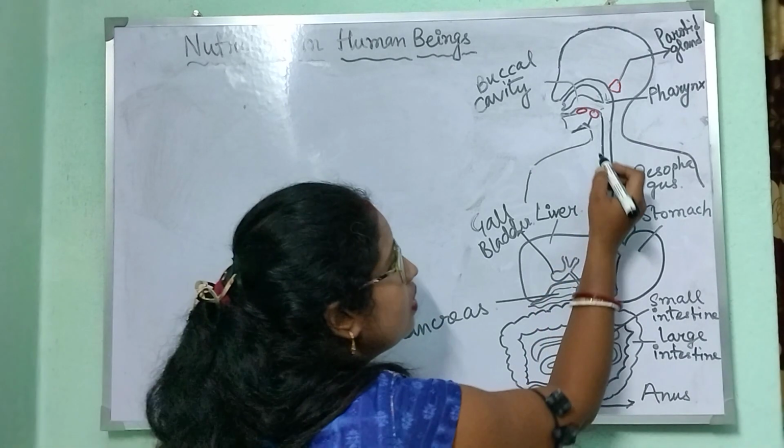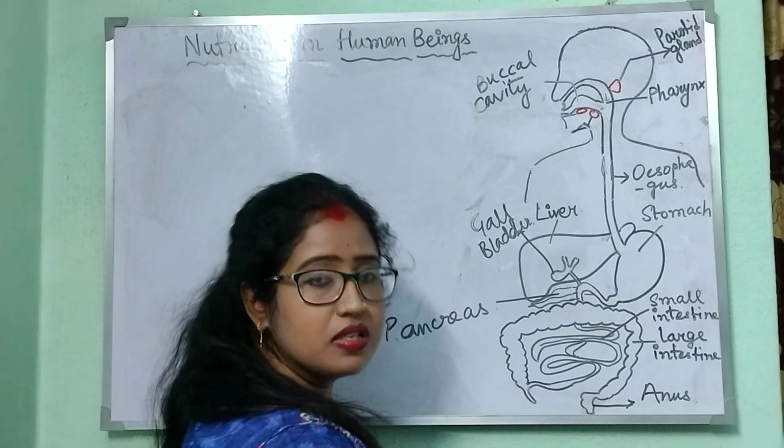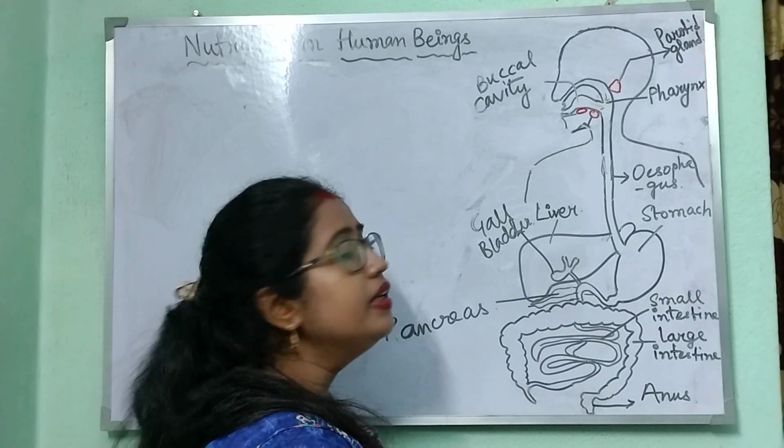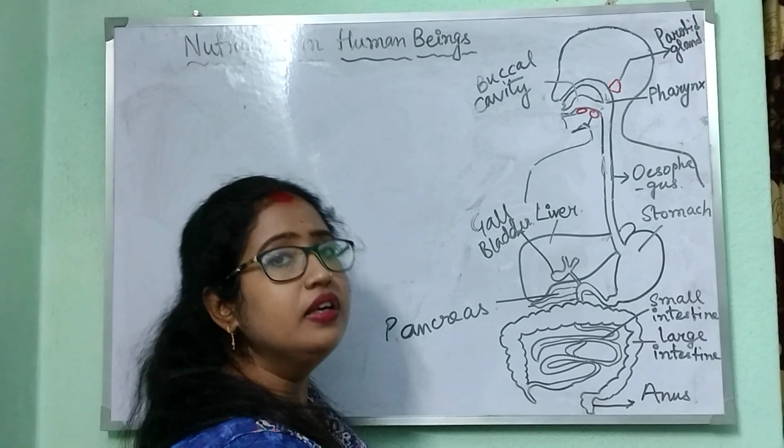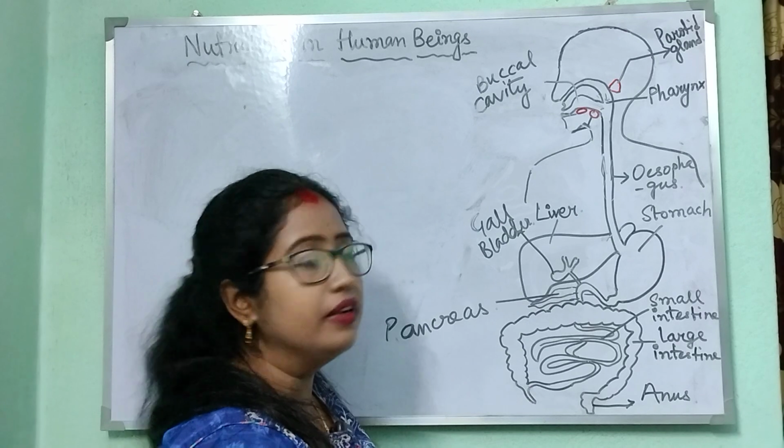The lining of the esophagus is also guarded by different kinds of muscles. So, as I told you earlier, there is a rhythmic flow of food material.